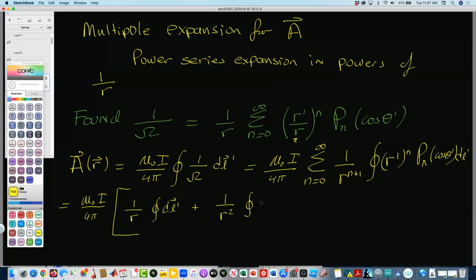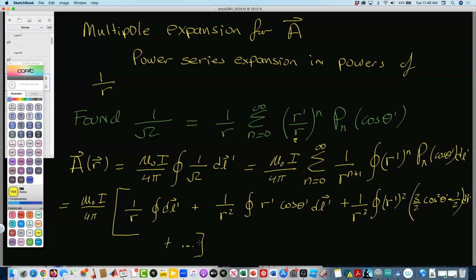And this is an integral of r prime cosine theta prime dl prime, because P1 is just cosine theta. And then plus one more term. I'll just write one more term: 1 over r cubed, integral of r prime squared times 3/2 cosine squared theta prime minus 1/2, dl prime. So it's very squished. And then it's plus dot, dot, dot, because this goes on forever.